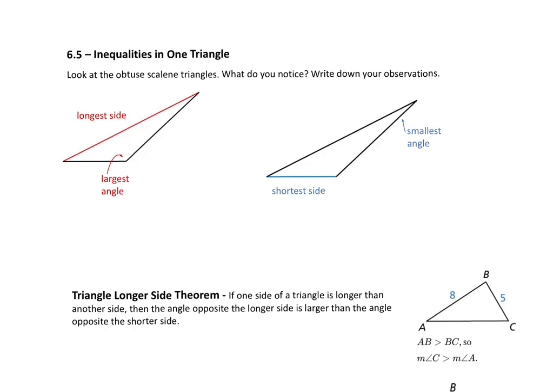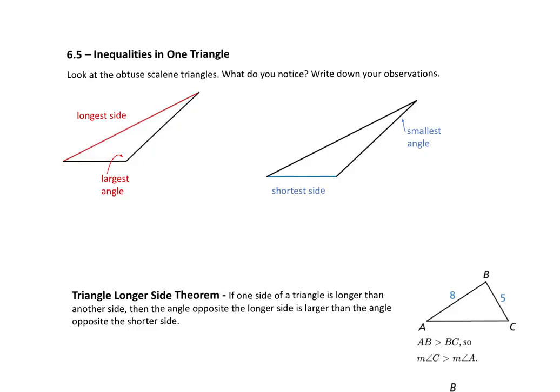We'll say this side is longer than this side, or this angle is bigger or smaller than that angle, based off of the information we're given. We may not be able to find all 3 pieces, but we can still write a comparison, and that's why we use an inequality. So that's why this is called inequalities in triangles.